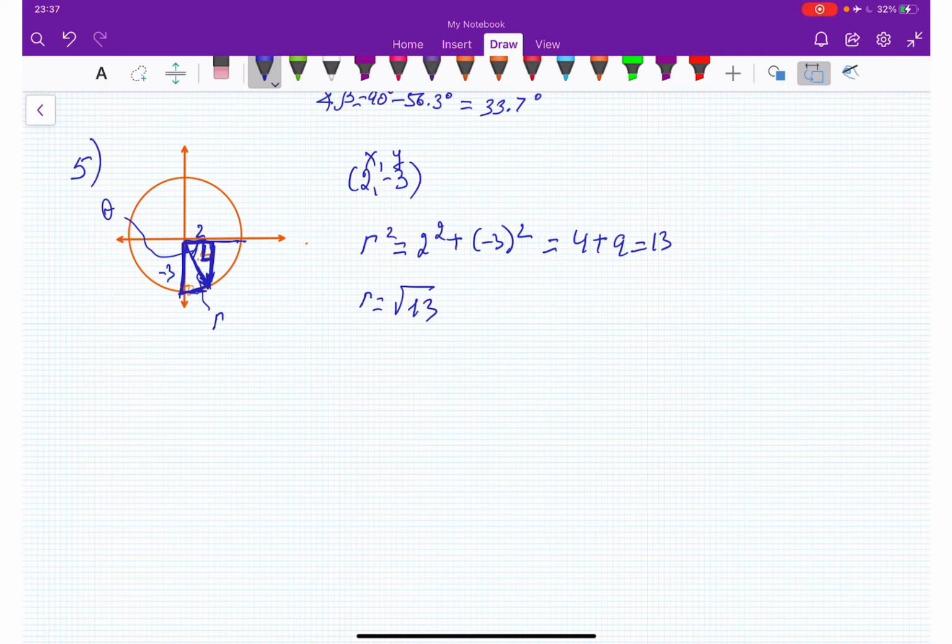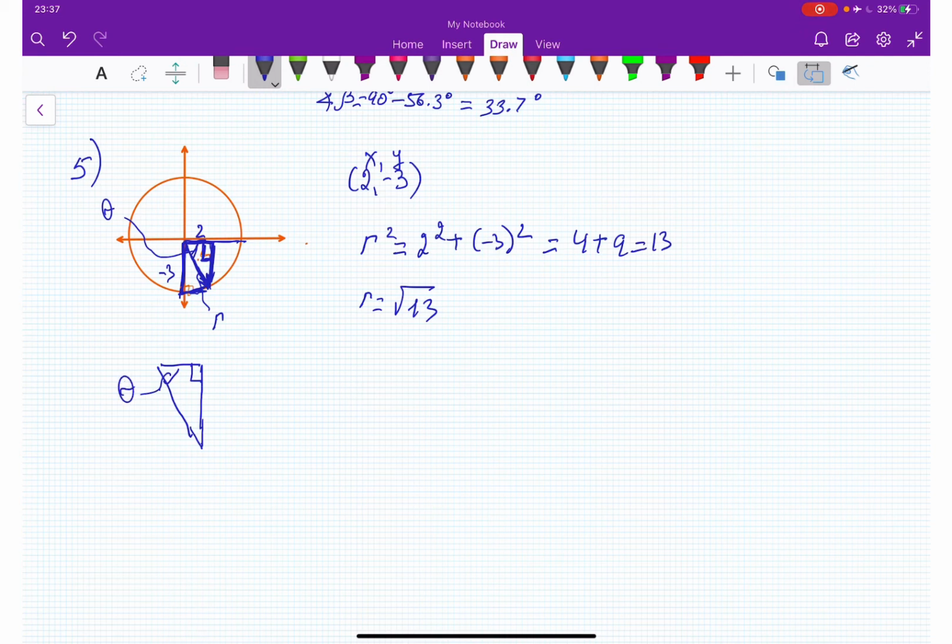So to make it understandable here, let me draw separately. Okay, so this is our right angle, right? This is our theta.